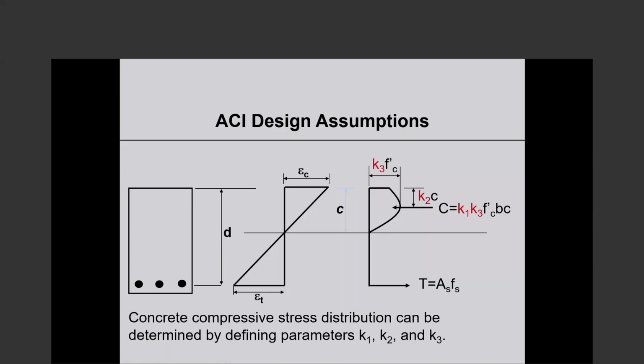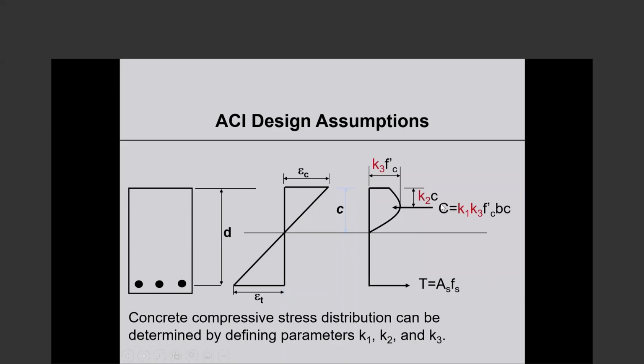Okay, the peak stress can be f'c or a little bit more or less depending upon a lot of situations. The resultant compressive force is at a distance of k2 times the neutral axis depth from the extreme compression fiber. That's what we are saying.